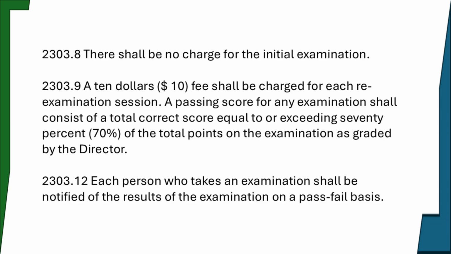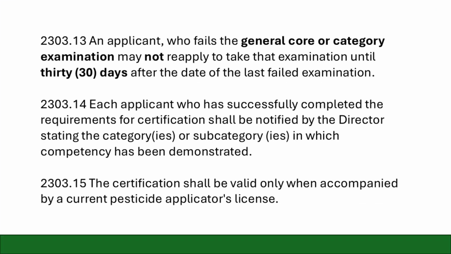2303.12. Each person who takes an examination shall be notified of the results of the examination on a pass or fail basis. 2303.13. An applicant who fails the general core or category examination may not reapply to take that examination until 30 days after the date of the last failed examination. 2303.14.